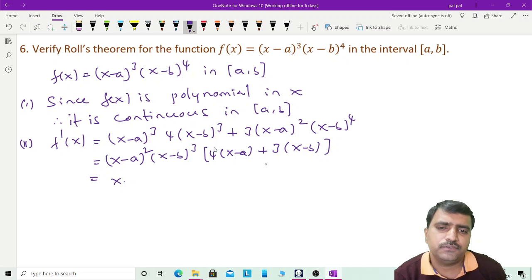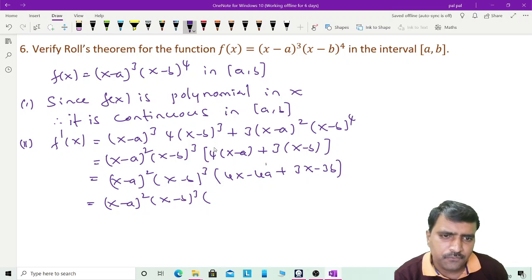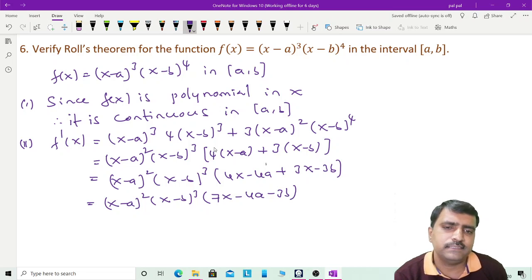So it is x minus a whole square into x minus b whole cube into 4x minus 4a plus 3x minus 3b. Simplifying, 4x plus 3x is 7x, so 7x minus 4a minus 3b.